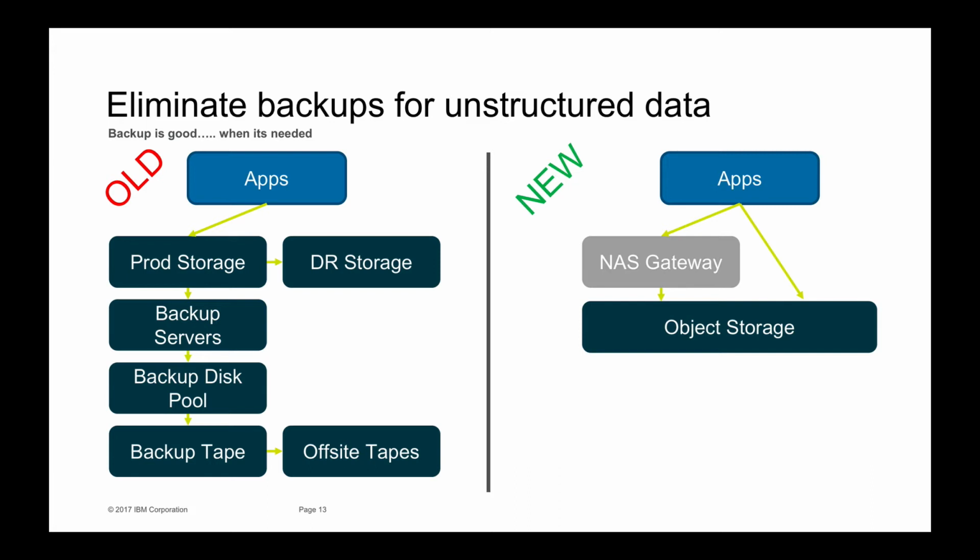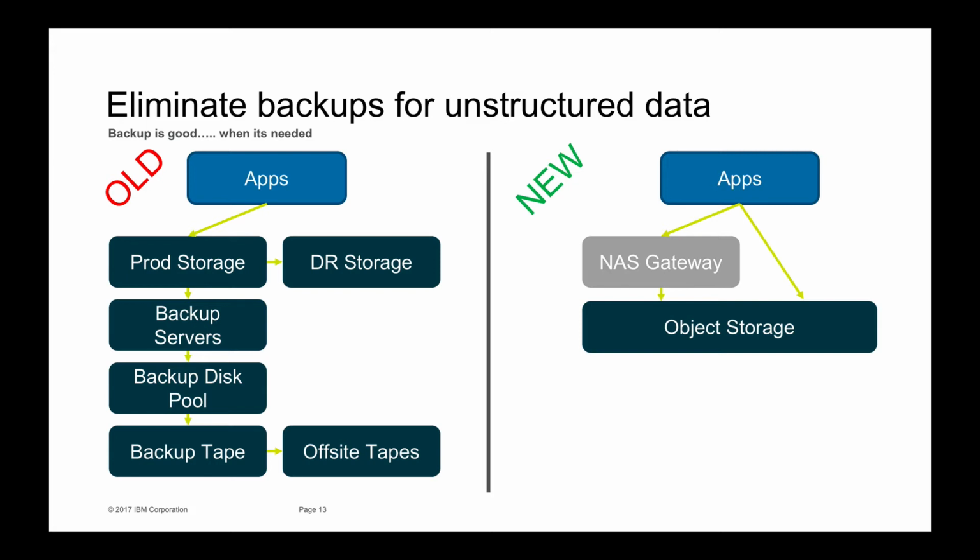Point your data at object storage. That could be directly, if your application can use the object store directly, or if it requires file-based storage, then you can put a NAS gateway in front that will export out CIFS or NFS.